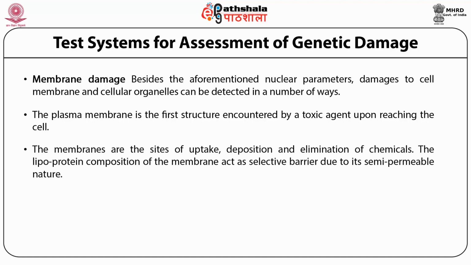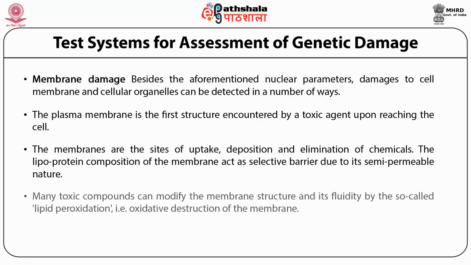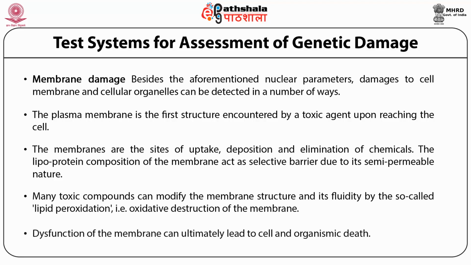The lipoprotein composition of the membrane acts as a selective barrier due to its semi-permeable nature. Many toxic compounds can modify the membrane structure and its fluidity by the so-called lipid peroxidation, that is, oxidative destruction of the membrane. Dysfunction of the membrane can ultimately lead to cell and organism death.